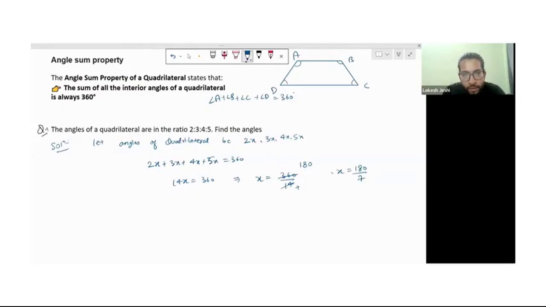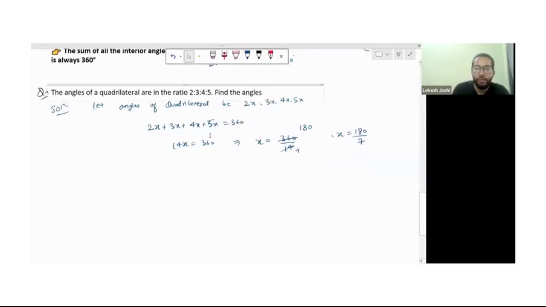Okay, now this is the value for x. Now what will be our angles? One of our angles is 2x, so it will be 2 multiplied by 180 by 7, or if we solve it, it will be 360 by 7.